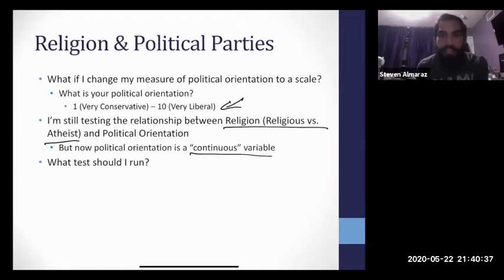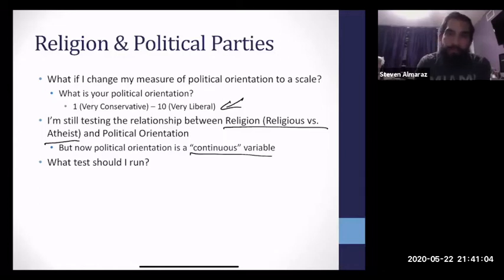I've got religion, religious versus atheists, and political orientation. I want to know, do religious people have a higher or lower score? Are they more conservative or more liberal than atheists? It's the same basic question, but I'm going to need another test because I can't use a chi-squared test. What kind of test am I going to use?